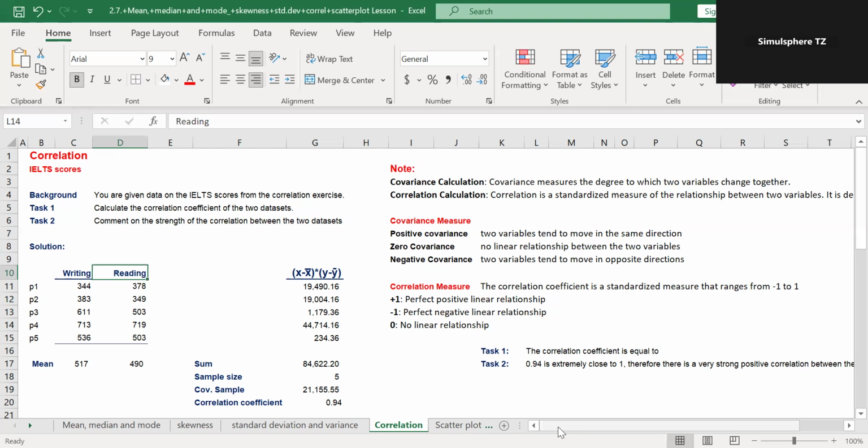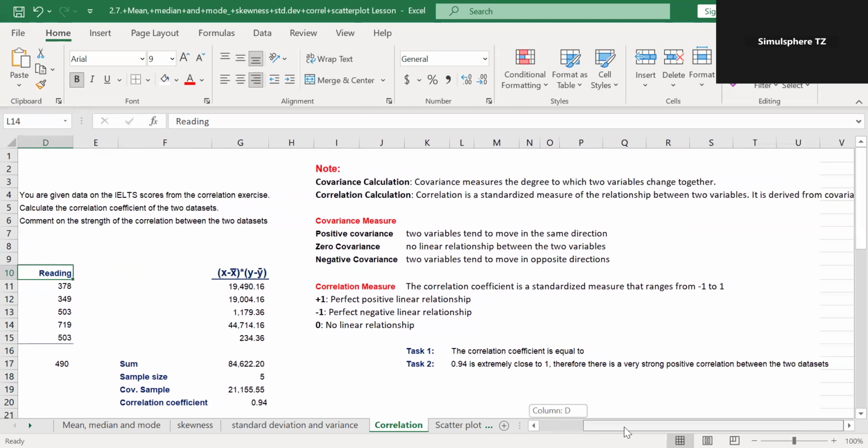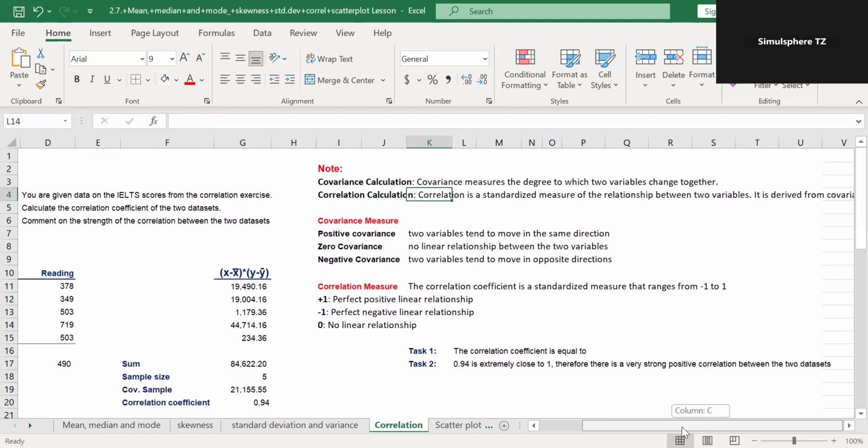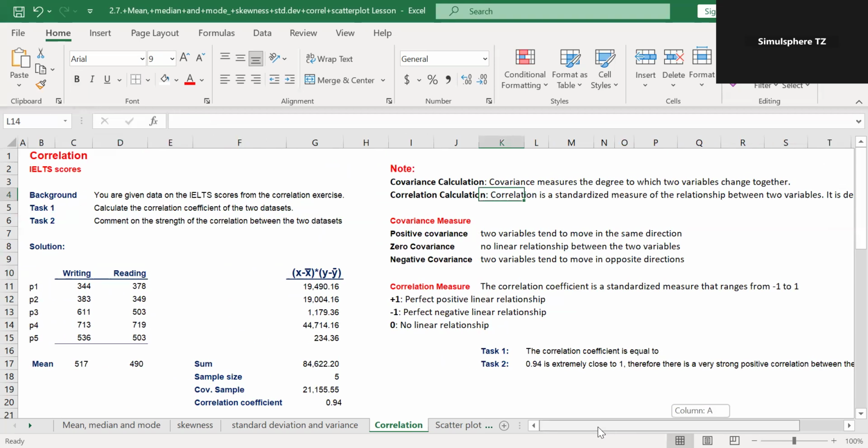So first, we need to understand what correlation is because we are newbies. Correlation is a standardized measure of the relationship between two variables. So we want to know how much these two variables are related.